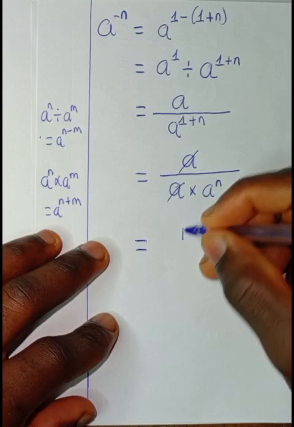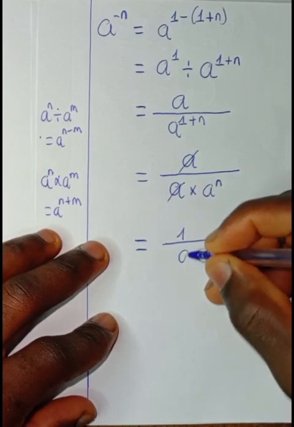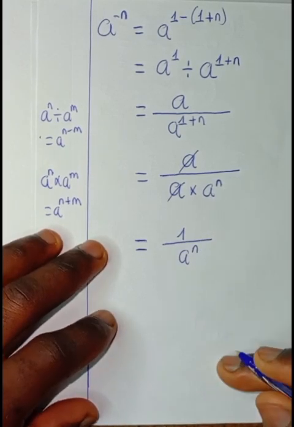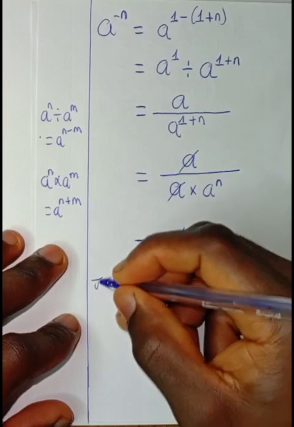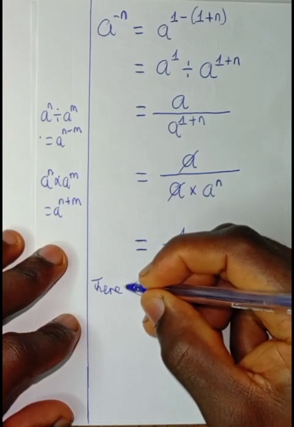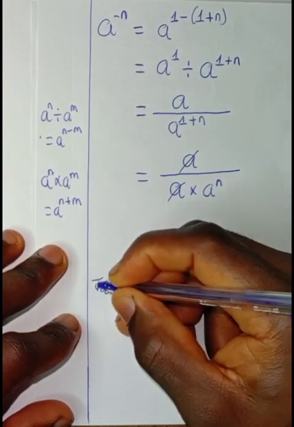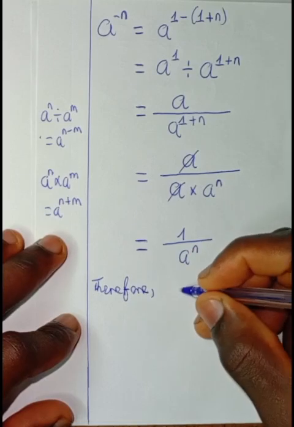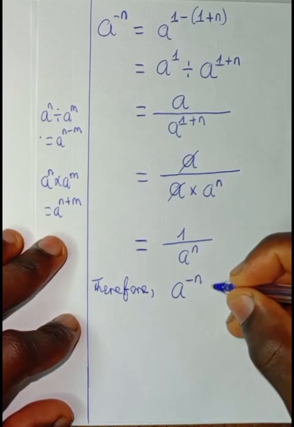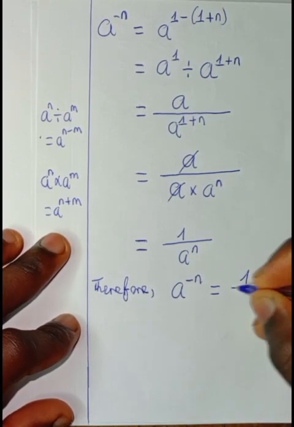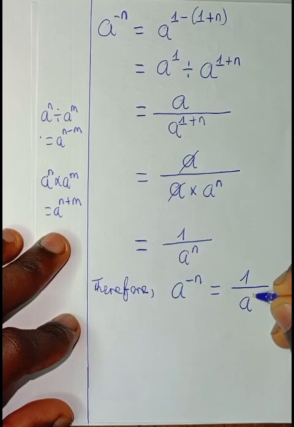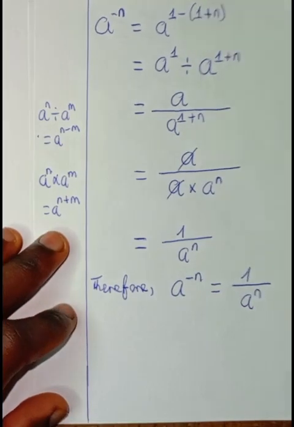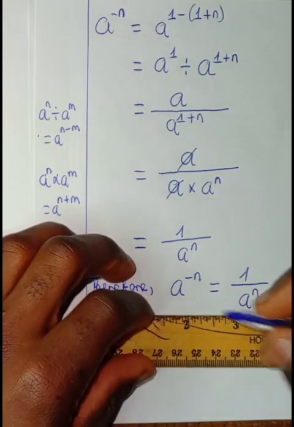We'll be left with 1 over e to the power n. Then we conclude, therefore, a raised to the power negative n is equal to 1 over a raised to the power n. We are done with the first one.